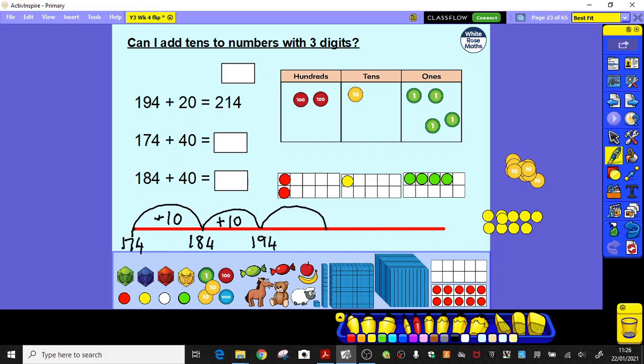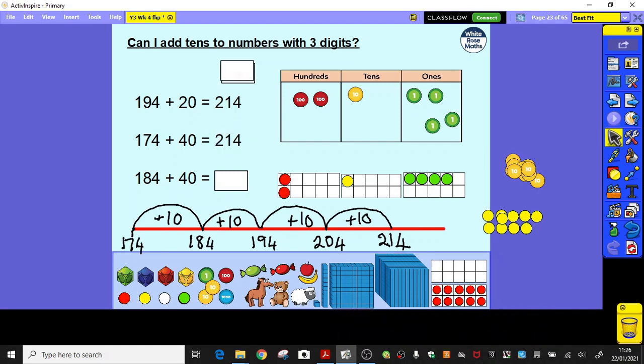And another 10, well, I've got 19 there, so another 10 will make 20 tens and 4 ones, and then another 10 will take us to 21 tens and 4 ones, or 214. Let's have a look. There we are.